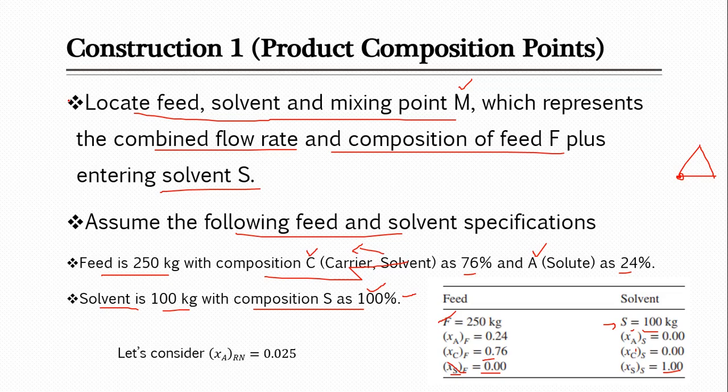So one is temperature, then you are given the feed and the solvent, their flow rates or amounts, and their compositions. So overall, up to here you have 5 variables.